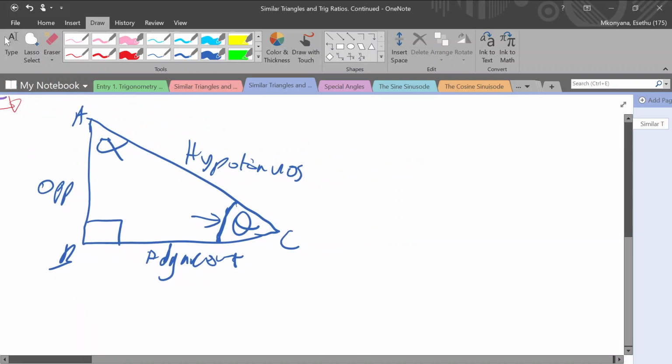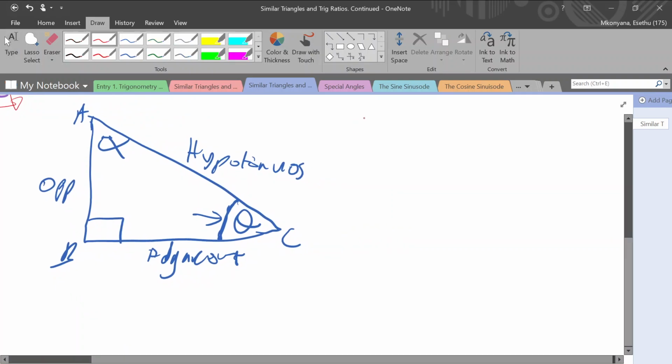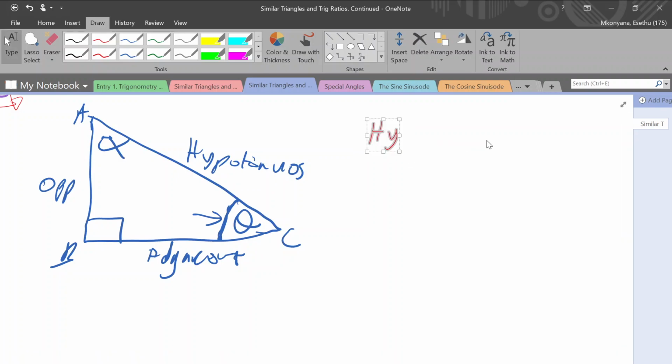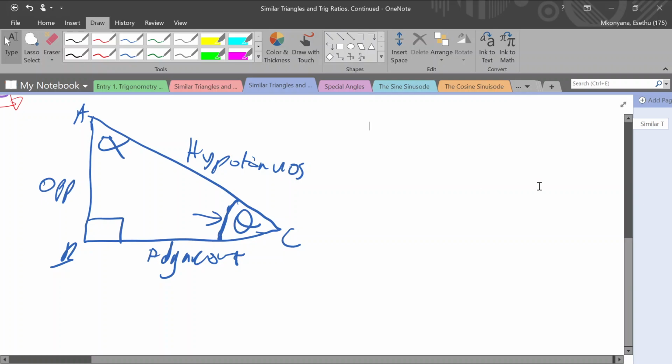So when we're looking at this triangle now, we want to develop some nice features. Here's what we're going to do. We have three ratios that we can get here. We're going to start with adjacent and divide it by the hypotenuse.